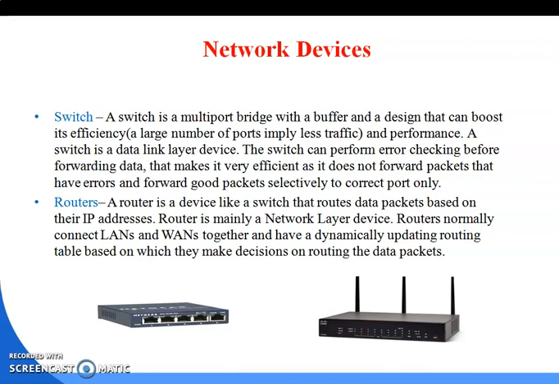Among all the available networking devices in the network communication system, the router is the most intelligent device because it transmits the data packets and it has the capability to change the route according to the condition of the traffic. So it is a very intelligent device and it maintains a table.